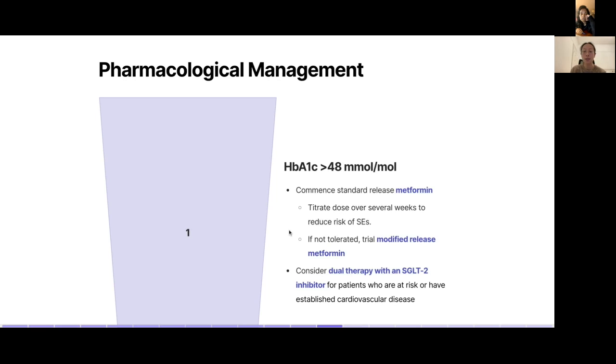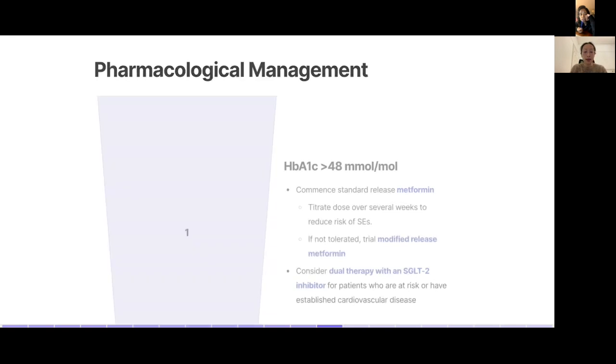But the NICE guidelines nowadays say for patients who are at risk of or have established cardiovascular disease, you also start an SGLT2 inhibitor once they're established on metformin treatment.